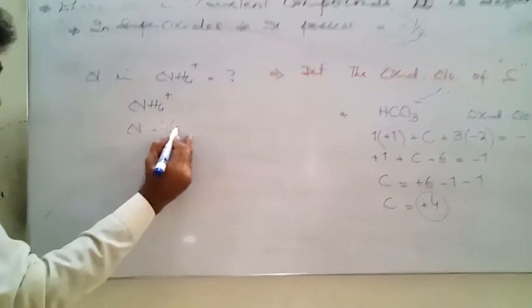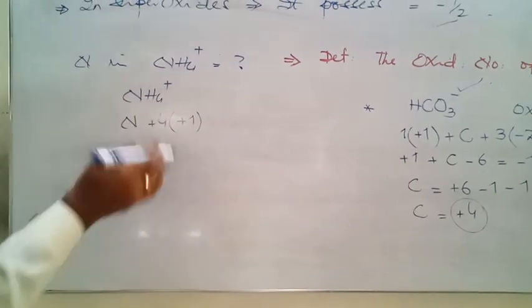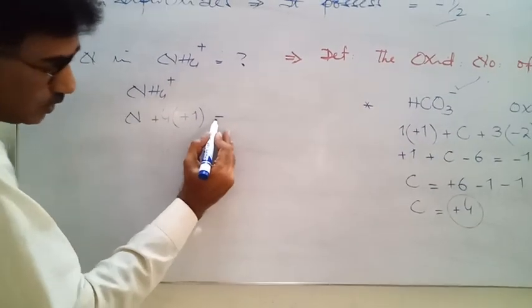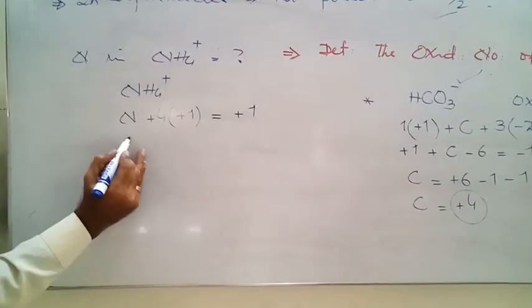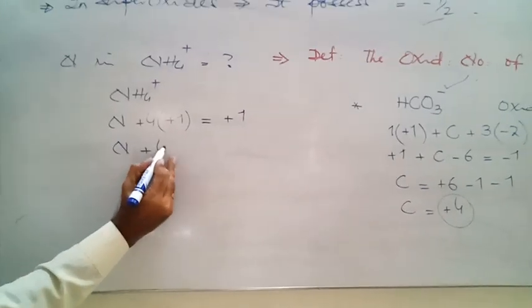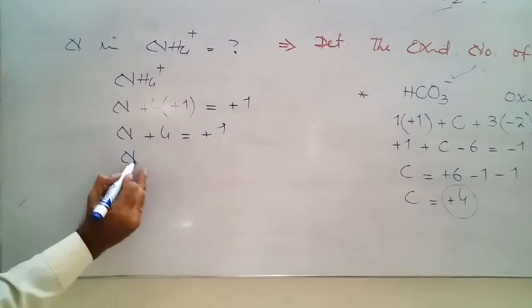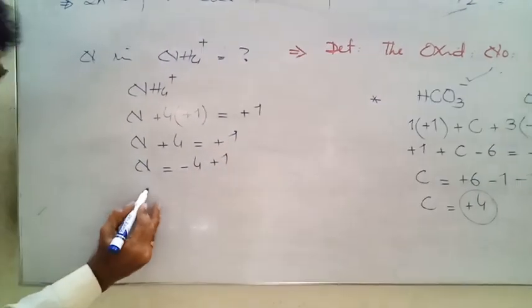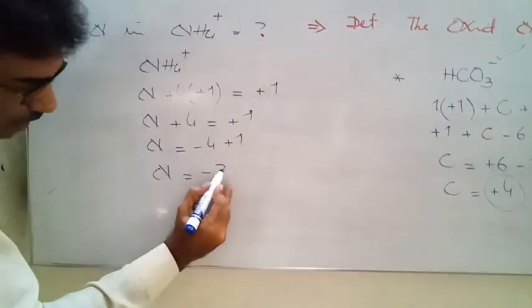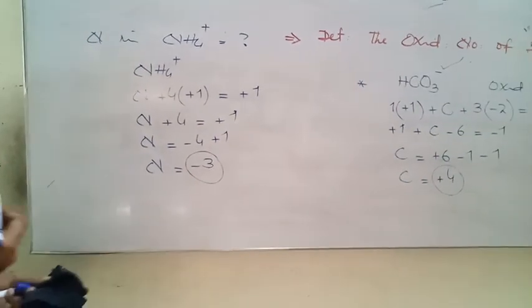We have 4 hydrogens, each +1, because hydrogen is less electronegative and monovalent, and as a whole the ion possesses oxidation number of +1. So nitrogen plus 4 is equal to +1. This 4 is shifted to the right and becomes negative, so the oxidation number of nitrogen in the ammonium ion is -3.